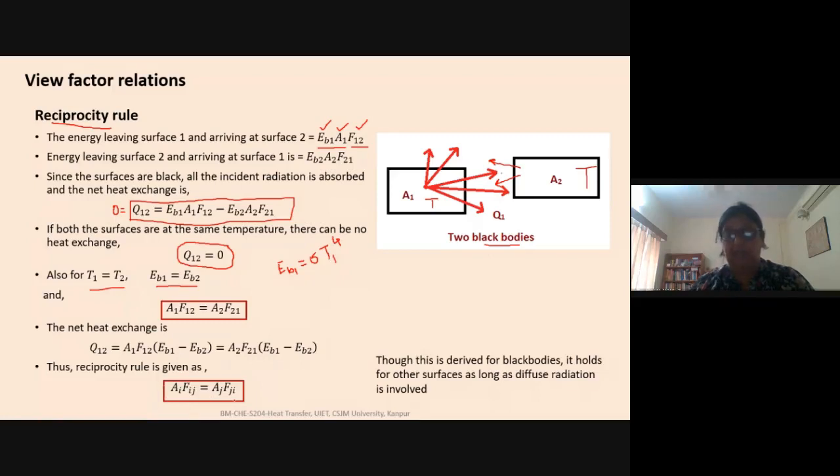Even though we started off by saying that all of the surfaces are black, that is, this has been derived for black bodies, it is seen that this reciprocity rule also holds for other surfaces which are non-black surfaces, as long as the radiation is diffuse radiation. That means there is radiation in all possible directions. In that case, this kind of relationship can be used even for non-black bodies.